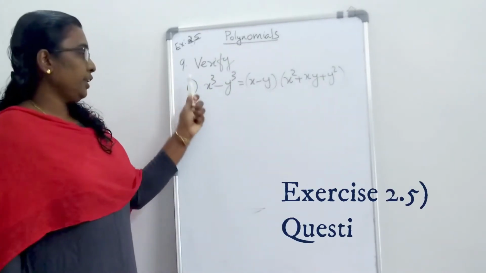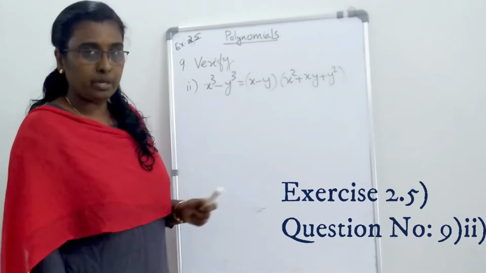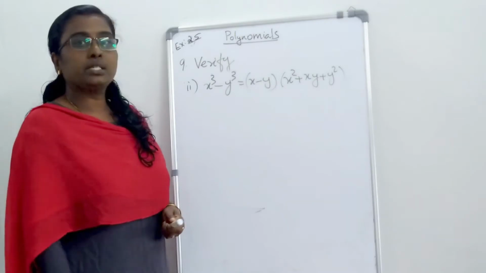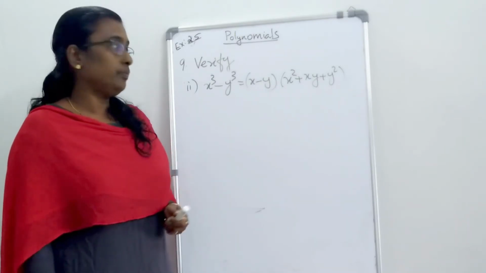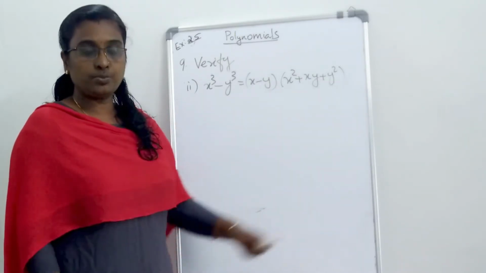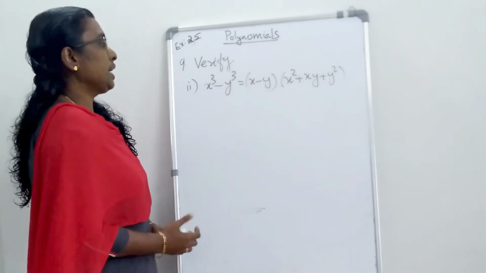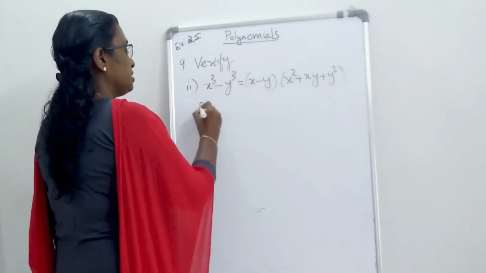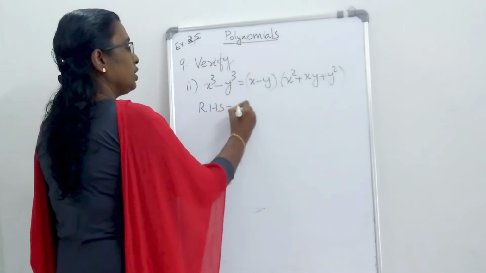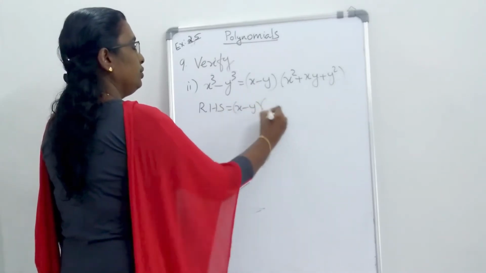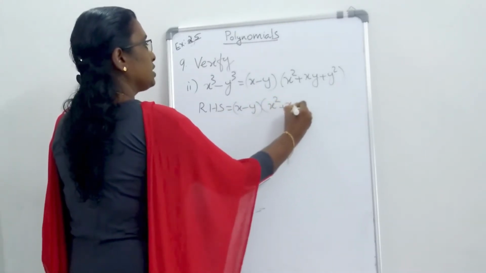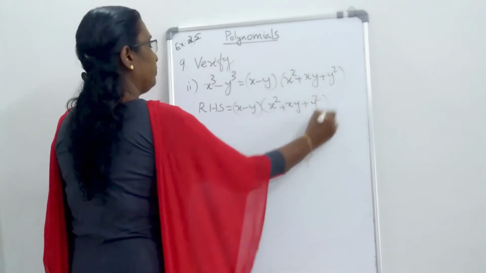The next question, verify x cube minus y cube equal to x minus y into x square plus xy plus y square. In this case also, first we take RHS. RHS equal to x minus y into x square plus xy plus y square.